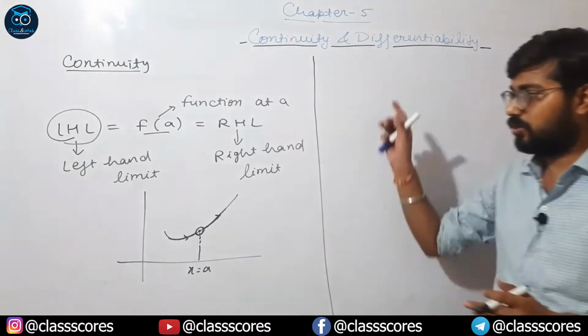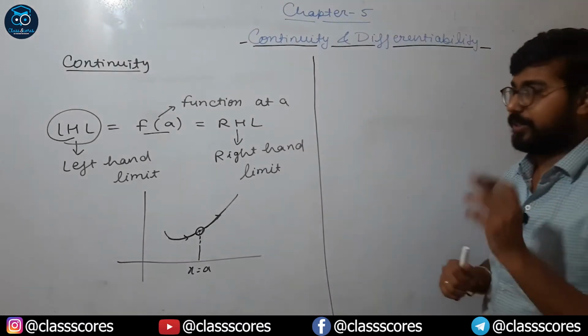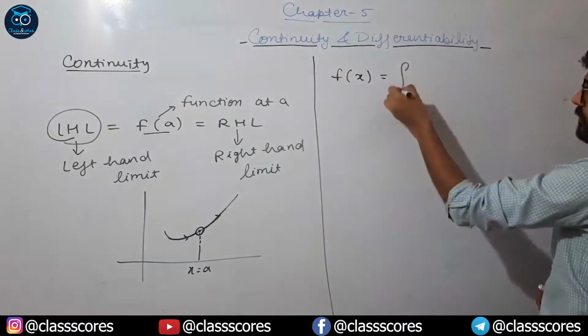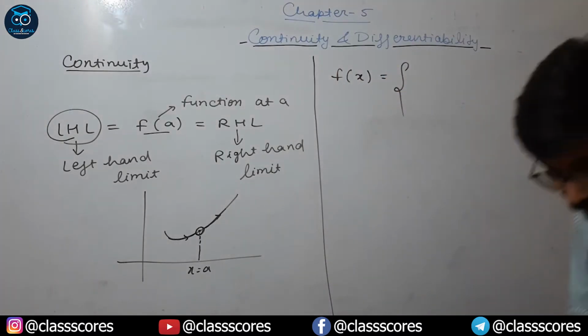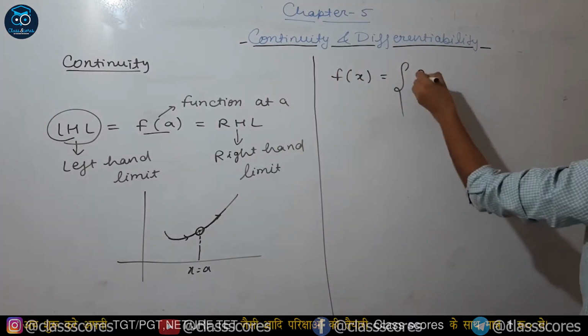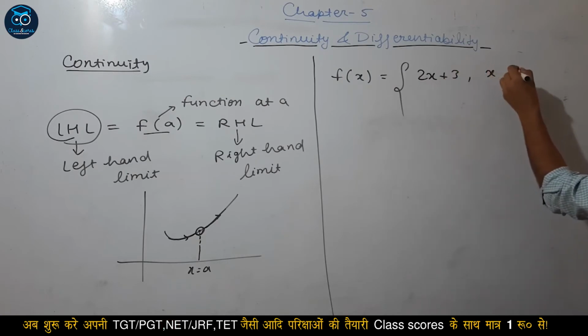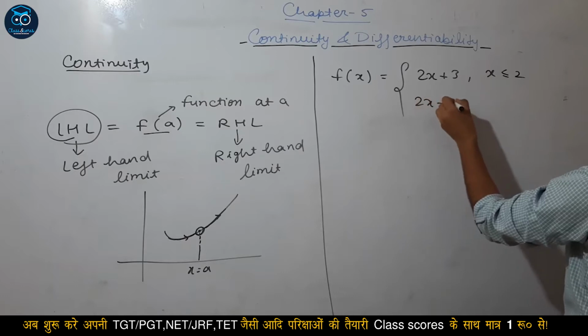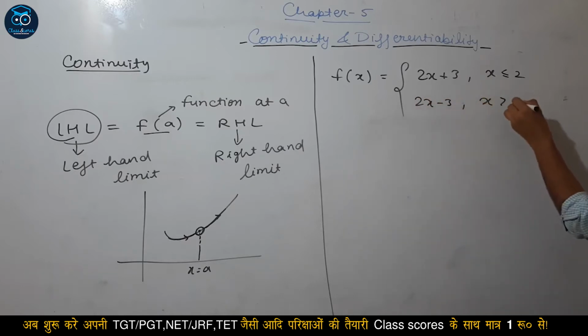You can understand this topic by a question. Suppose a function is given, f of x equals 2x plus 3 when x is less than or equal to 2, and 2x minus 3 when x is greater than 2.